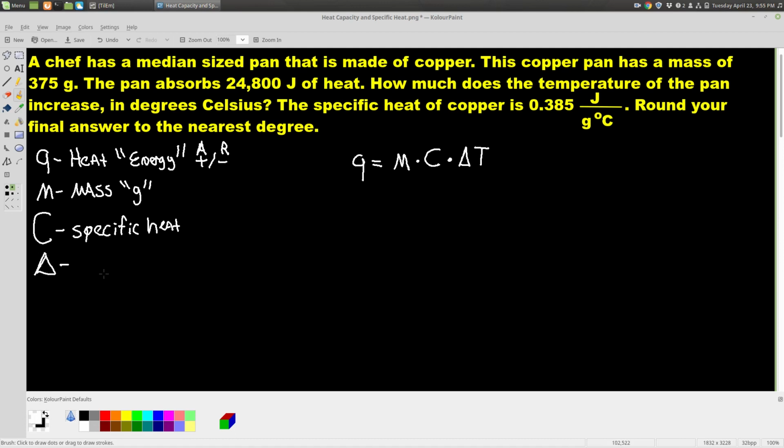Now, some chemistry teachers will tell you we have to convert Celsius into kelvins, or convert our kelvins into Celsius. Honestly, on this one it doesn't matter, because we're looking for the difference in temperature.